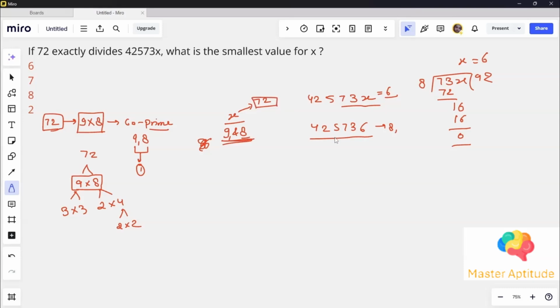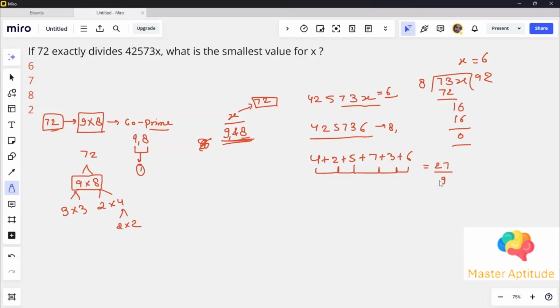Now let's check if this number is completely divisible by 9 or not. What is the divisibility rule of 9? It is really simple. Sum of all the digits: 4 plus 2 plus 5 plus 7 plus 3 plus 6. 4 plus 2 is 6, 6 plus 5 is 11, 11 plus 7 is 18, 18 plus 3 is 21, 21 plus 6 is equal to 27, and 27 is divisible by 9.